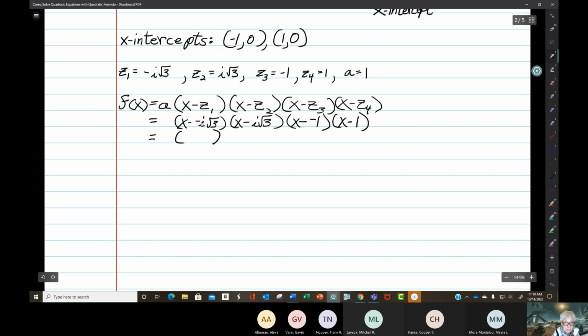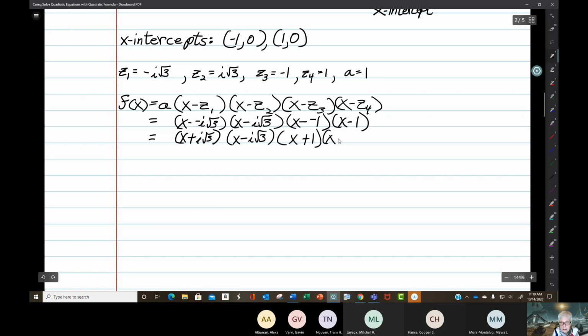And this minus will give us a plus, x plus I times the square root of 3. There's no minus there. It's just one minus sign. So it's x minus I times the square root of 3. x plus 1.